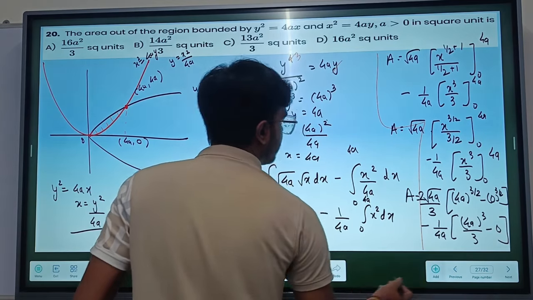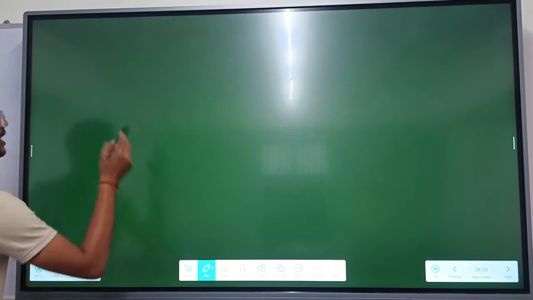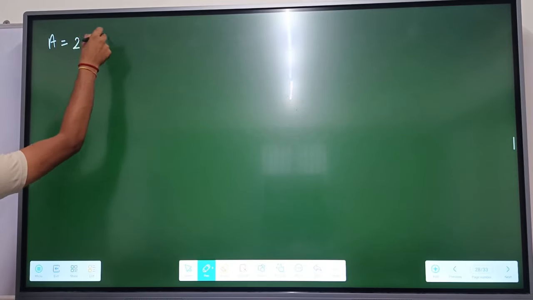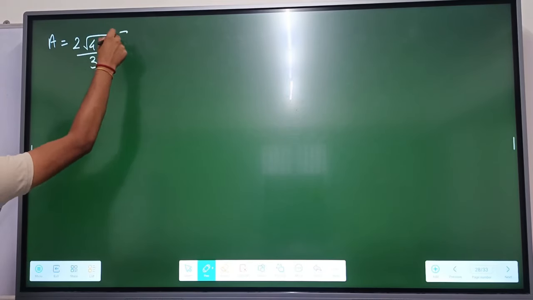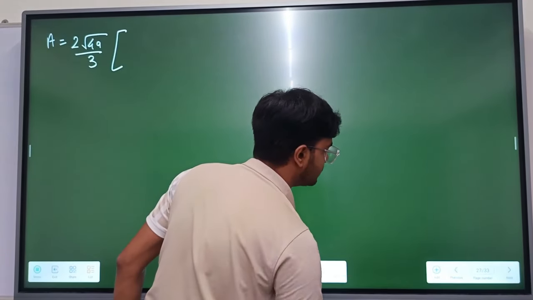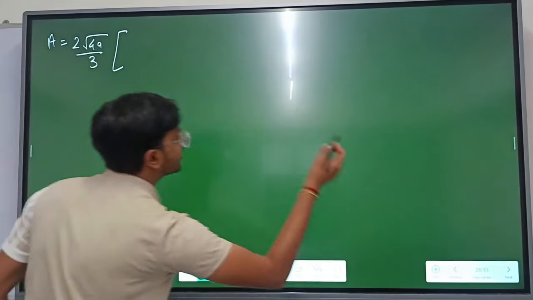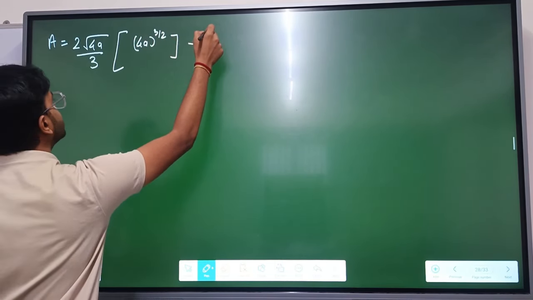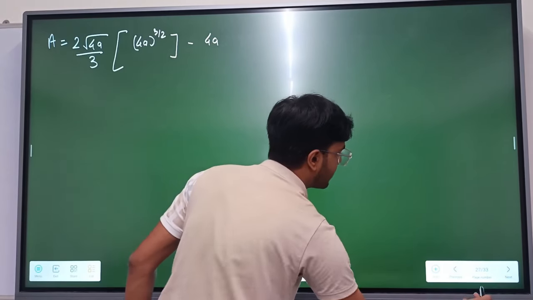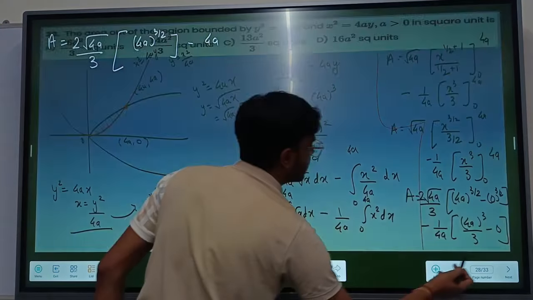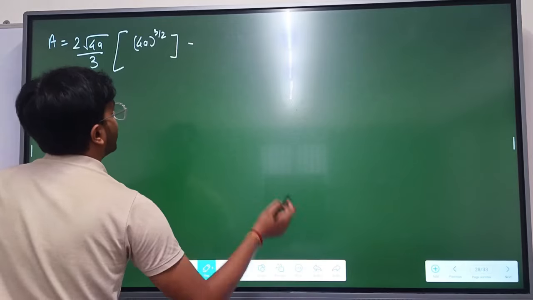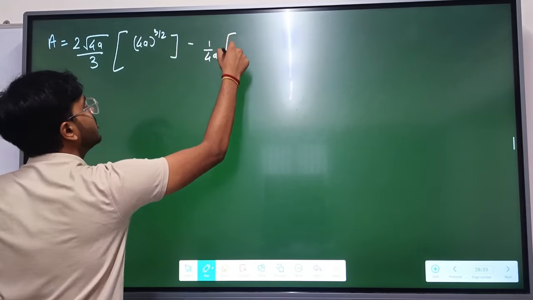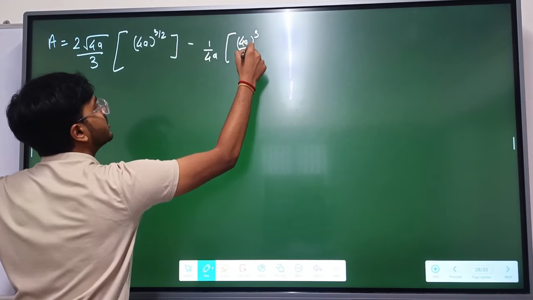So we have area as 2 root 4a by 3 into 4a power 3 by 2, minus 1 by 4a into (4a) cube by 3.